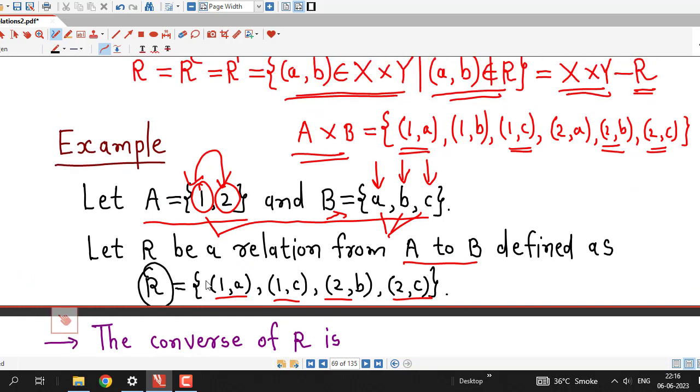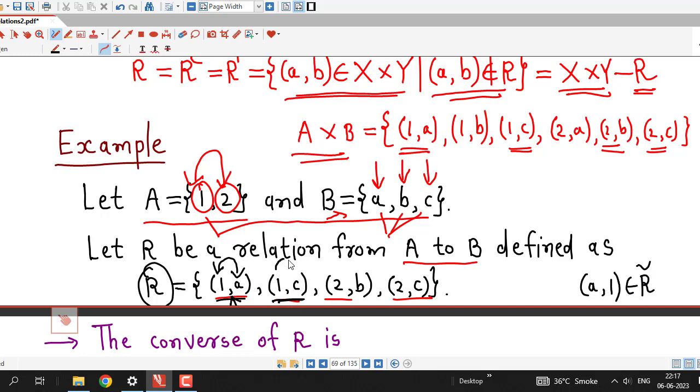So as I discussed, to write down the converse of a given relation, we have to interchange the members in each of the ordered pairs in the given relation. Here the first ordered pair is (1, A). (1, A) belongs to R, therefore in R tilde we have (A, 1).